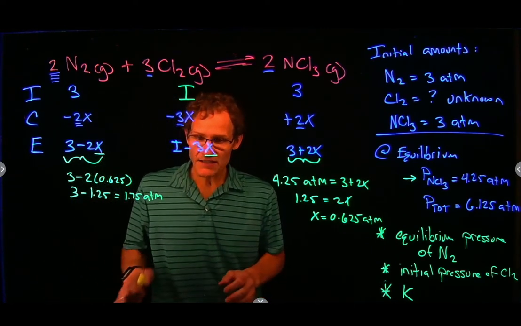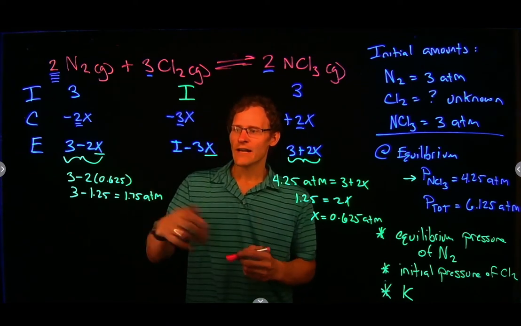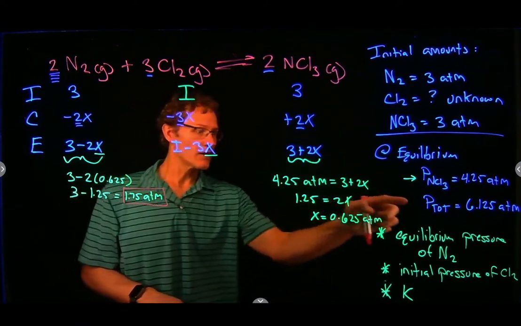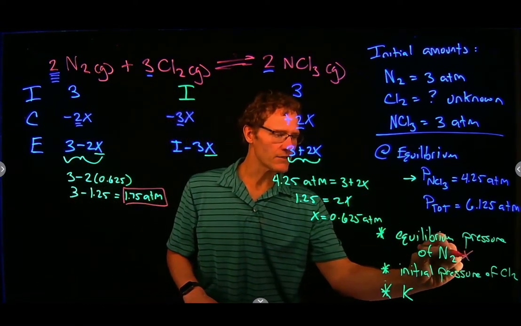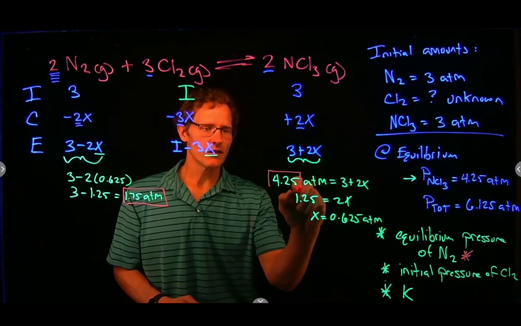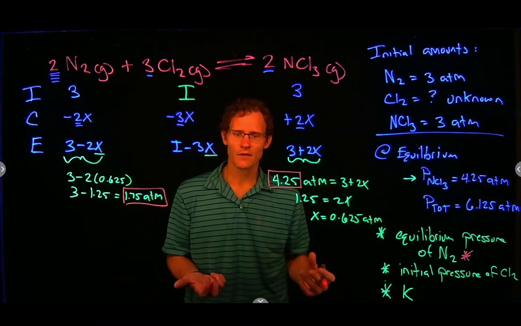Okay, so as of right now, we know the equilibrium pressure of one reactant, nitrogen. That's one of the things it asks us to figure out, so we've already answered this question. We also know the equilibrium pressure of nitrogen trichloride because it's told to us in the problem.